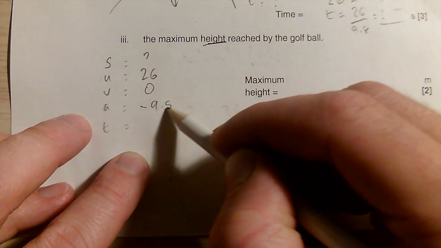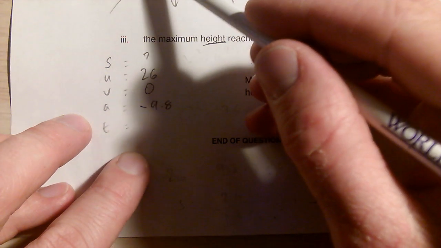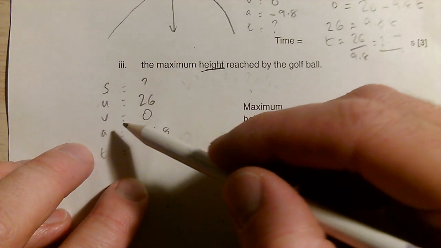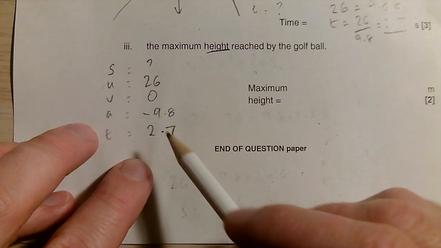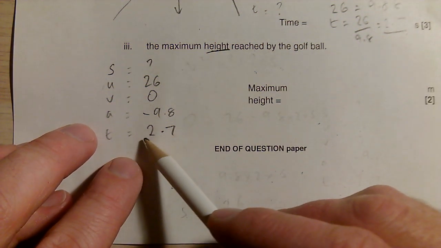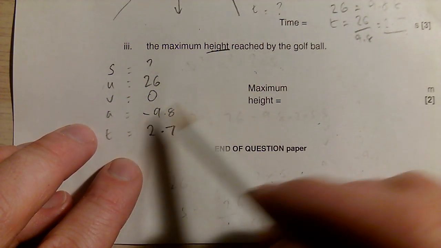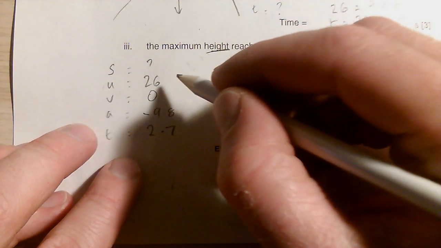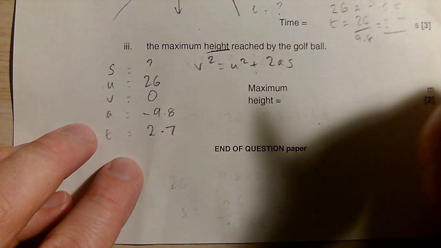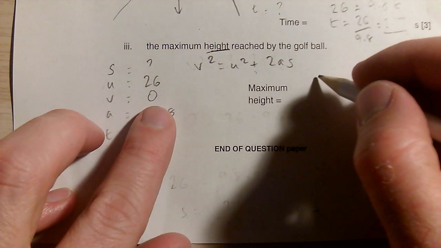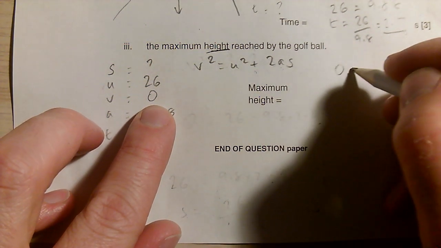It's still the vertical component because height is all about how the golf ball in this case is moving vertically. When the golf ball is at its maximum height, the vertical velocity is 0. Acceleration is minus 9.8, so the golf ball starts upwards and it's accelerating the whole time downward. And then t, we know this is 2.7, that's from the previous part.